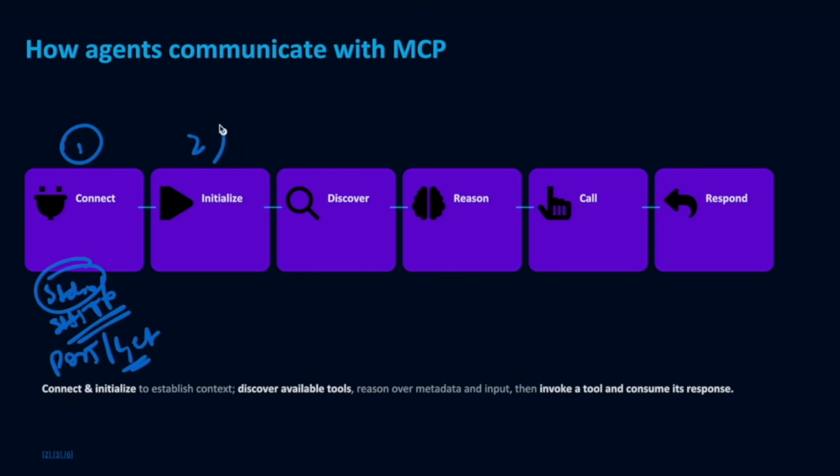The second step is the initialize step. The client and the server initialize the session and negotiate capabilities. See, MCP is not stateless. It is stateful, so keep that in mind. An agent will communicate with the same MCP server multiple times, and the session needs to be maintained between them so that the memory is maintained. What was the previous thing I did with the MCP server?